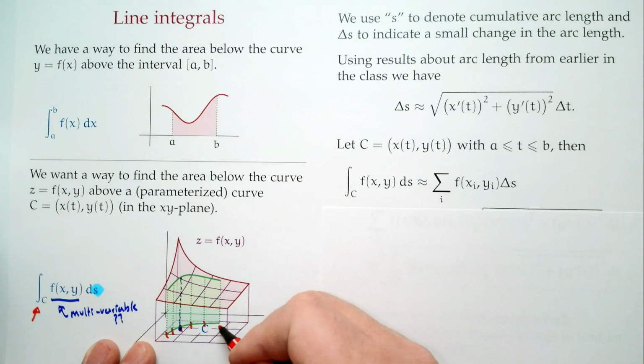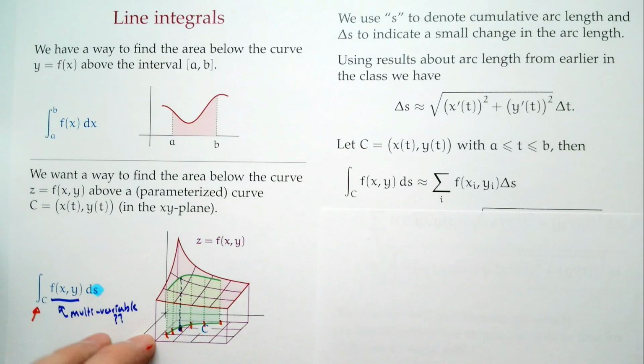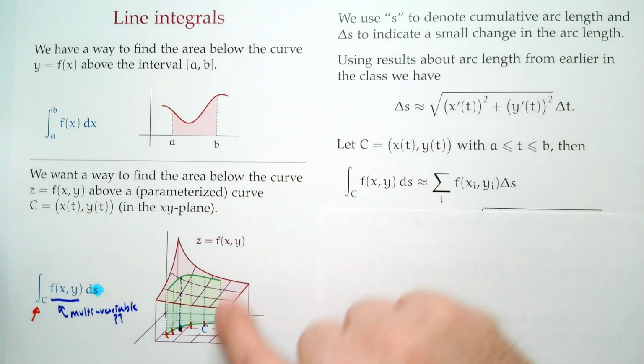They don't necessarily all have to be the same length, because you're breaking up time, and on some parts of the curve you're moving slowly, and on other parts you're moving quickly. So often your points are not equally spaced, but that's not going to matter too much as we go in the limit. So we've broken it up into little pieces. For each little piece, we have the arc length downstairs, and then the height upstairs.